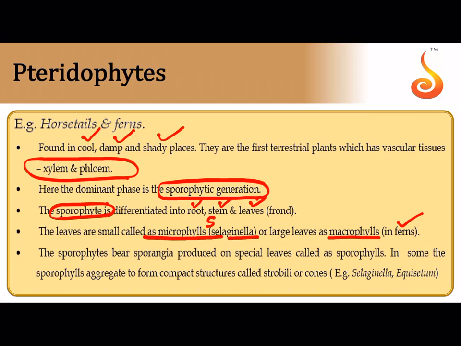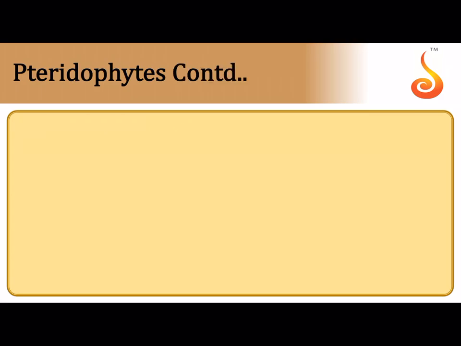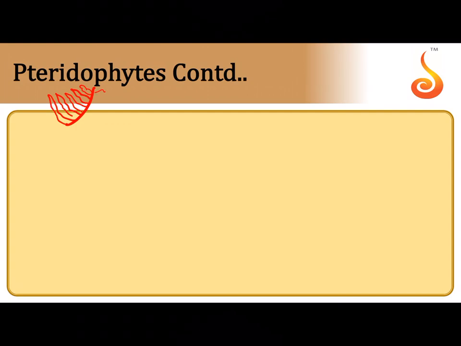Okay, now if I just read this out, you will be confused. So let me start off with the life cycle of pteridophyte. So we have the main plant. The main plant has a leafy stem like this, and it has true roots, obviously, because it is a plant with vascular bundles.